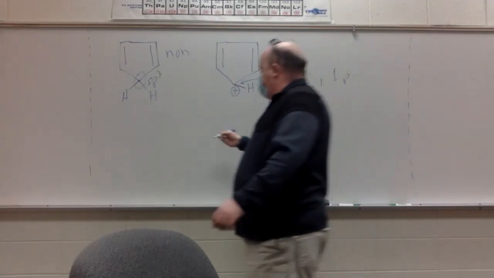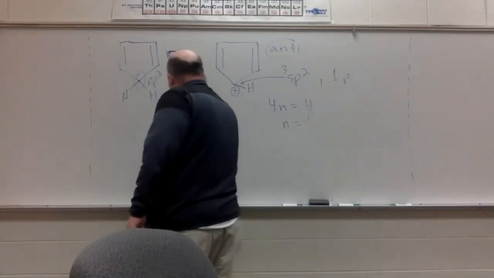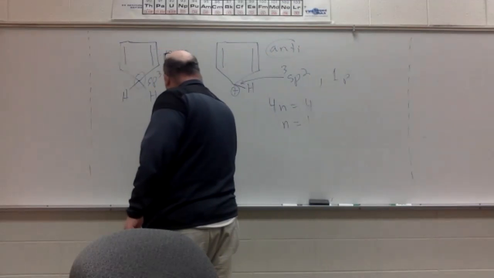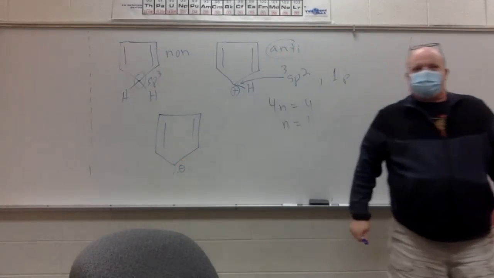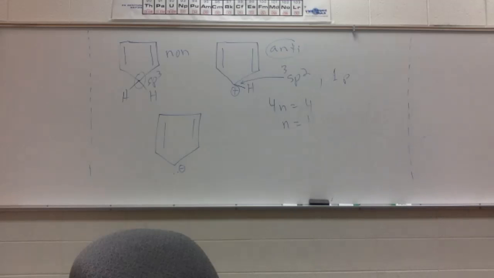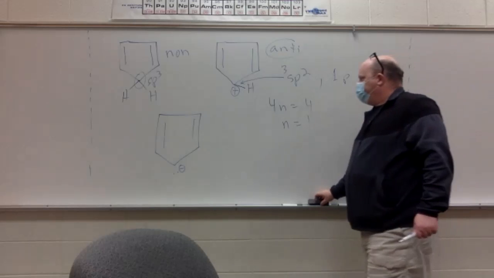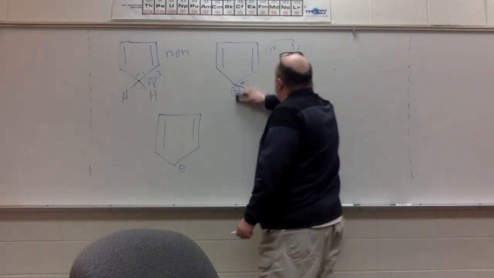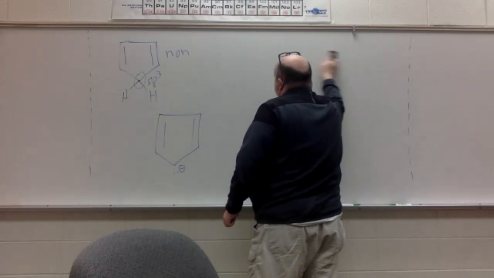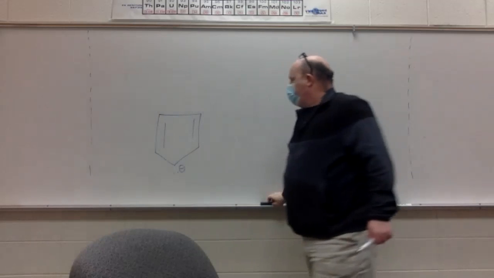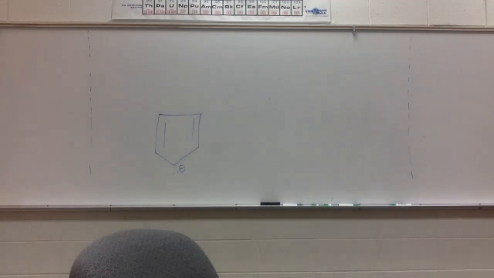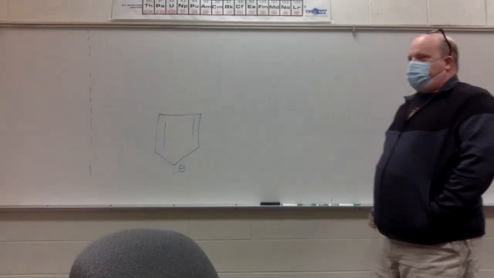We can look at a very similar one, but this time with a negative charge. And this one can be a little bit trickier. What's the hybridization of that carbon?